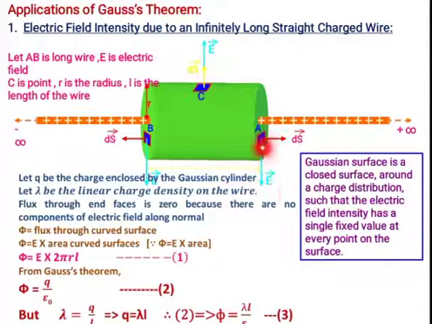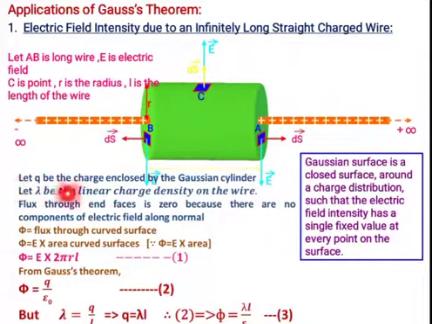Electric field and ds are perpendicular to each other, the angle between these two is 90 degrees. Here also 90. But carefully see, the angle between ds and E is 0 degrees, because ds is the area element and E is the electric field, both in the same direction. The angle between them is 0.